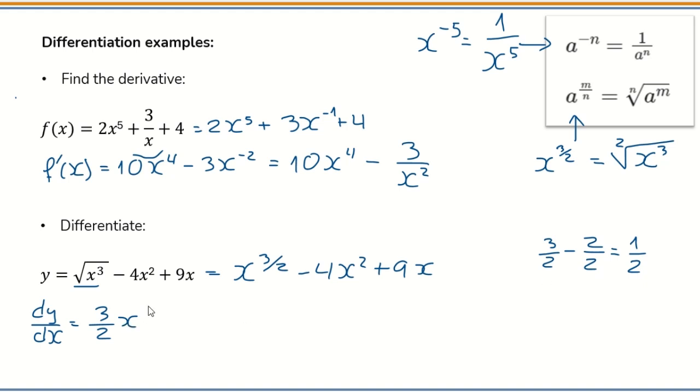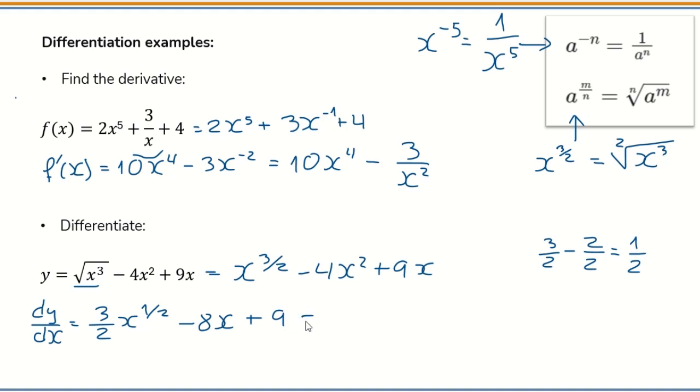So this is going to be x to the power of 1 half minus 2 times 4, which is 8x to the power of 2 minus 1, which is 1, plus 9 times 1 x to the power of 1 minus 1, which is 0. X to the power of 0 is 1.